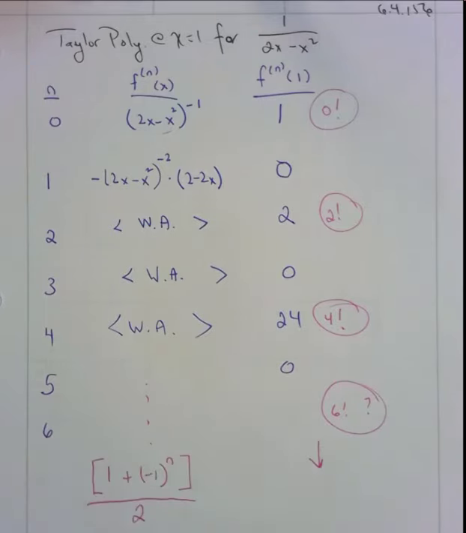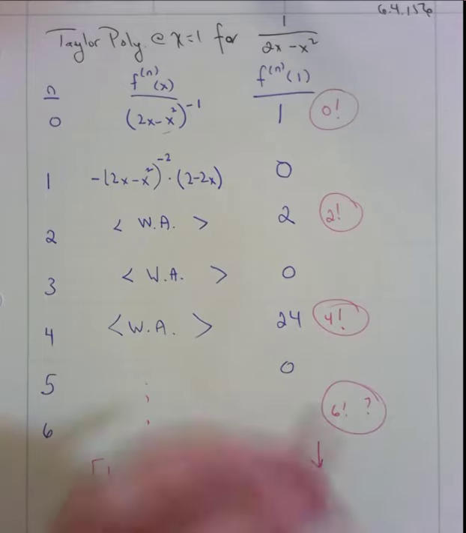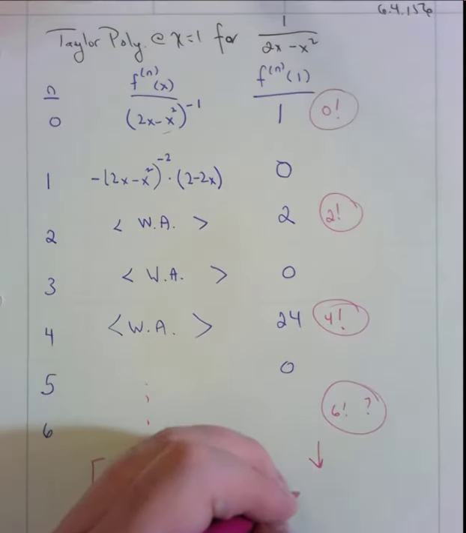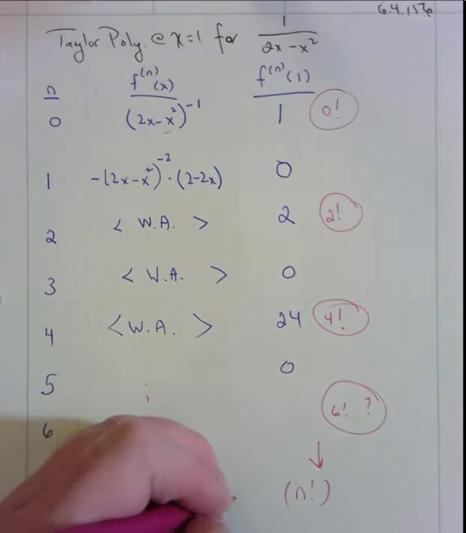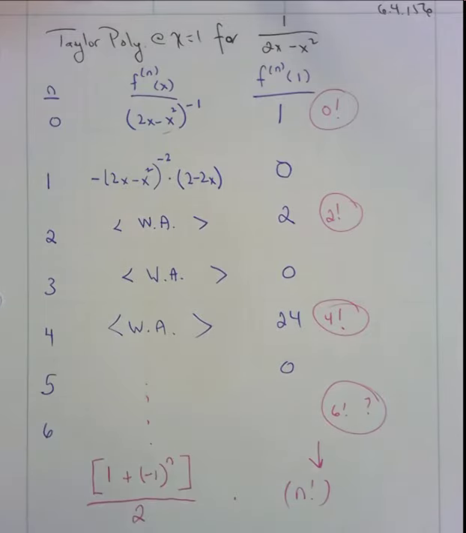These numbers here are n factorial for n equals 2, n equals 4, n equals 6. So let me make that product. That's what these coefficients are going to be. When n is 0, we'll get 1 times 0 factorial, which is 0.